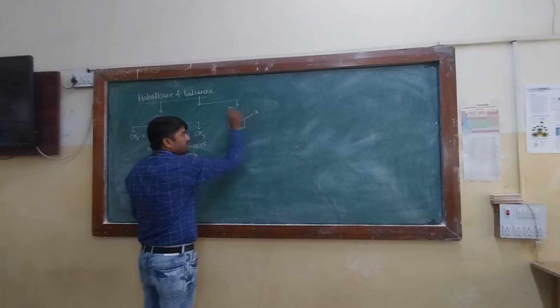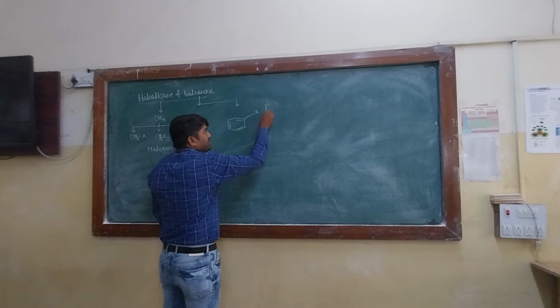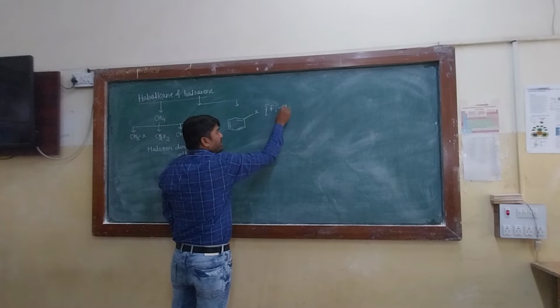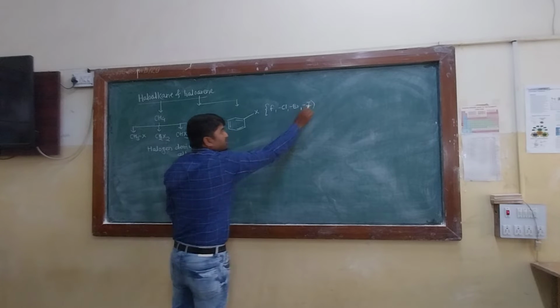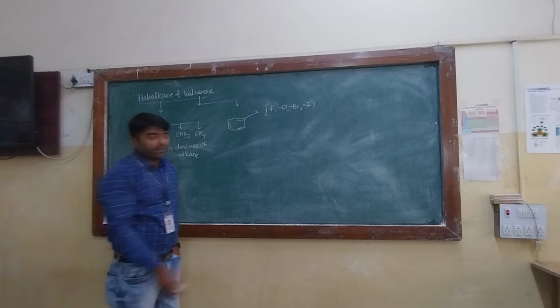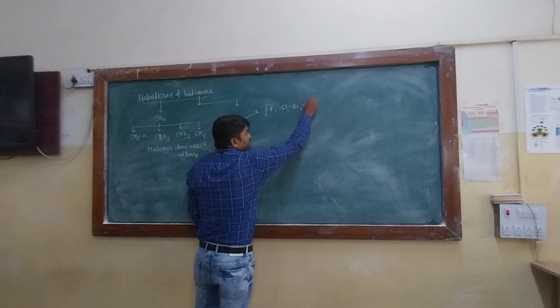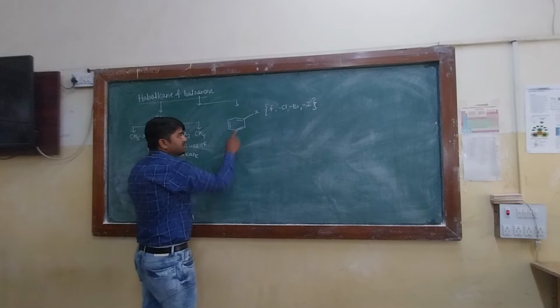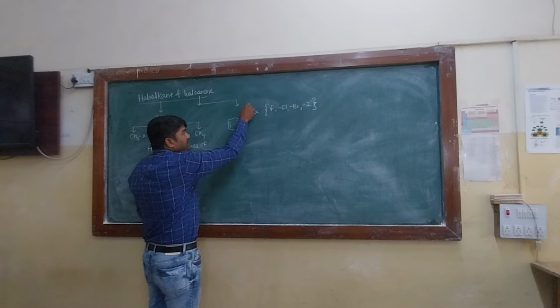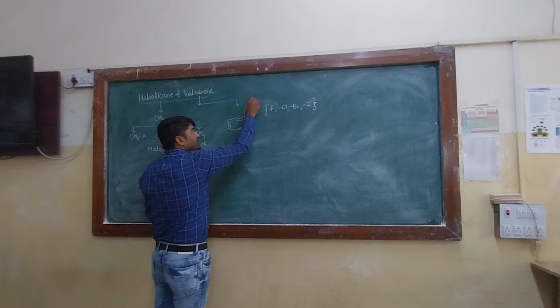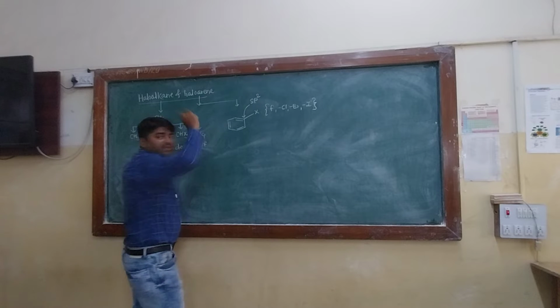Here X is nothing but fluorine, chlorine, bromine and iodine. These elements belong to group number 17, so these are called the halogens. Now this carbon atom is sp2 hybridized.